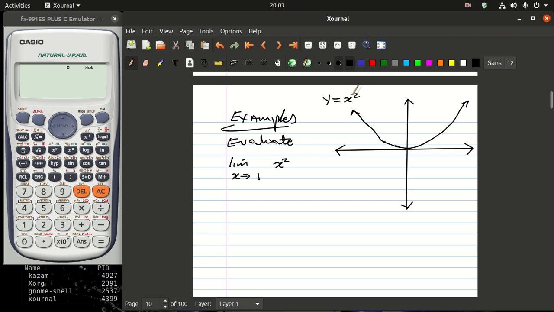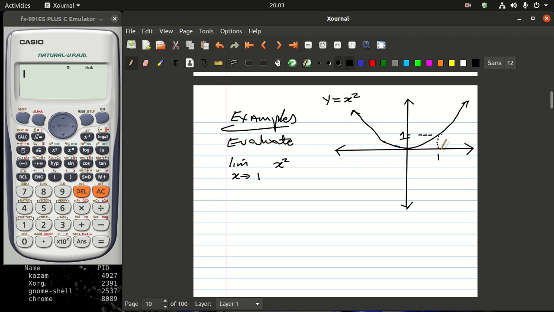Of course, if I were to plug in 1 here, when x is equal to 1, then 1 squared is of course 1. Now, I want you to find the limit as x approaches 1 of x squared, or the limiting value of this function as x approaches 1.